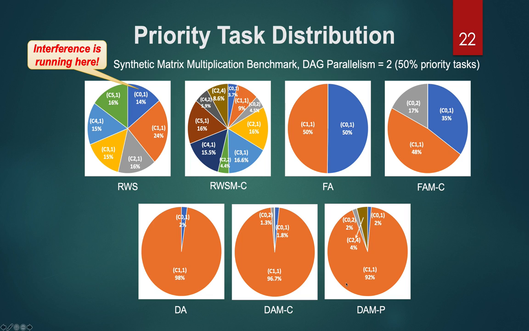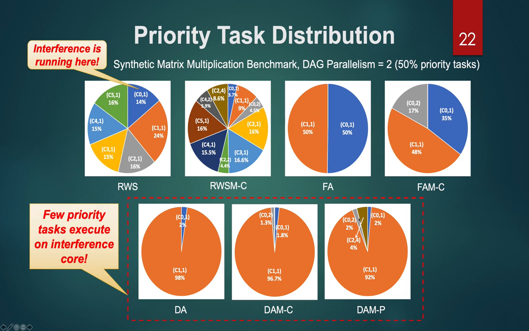In DAMP, when targeting performance, also 4% of tasks are executing on 4 A57 cores, because sometimes using 4 A57 cores is faster than using the 2 Denver cores, since interference activity is acting here. In summary, dynamic asymmetry schedulers have fewer priority tasks executed on the interference core, and they achieve better interference awareness and high performance.